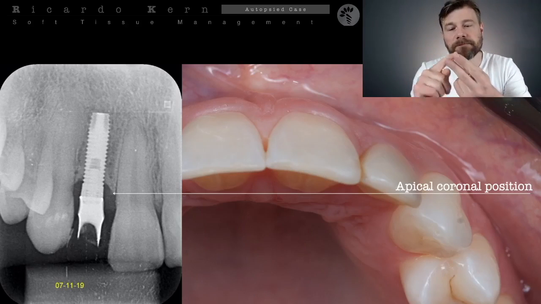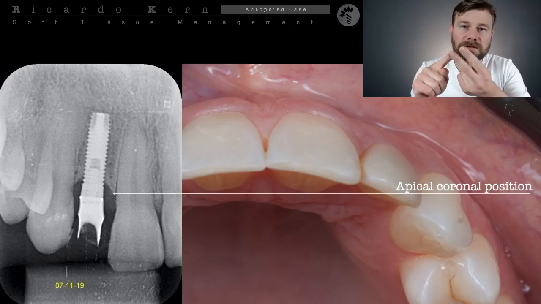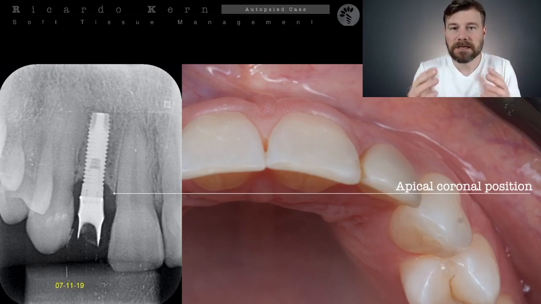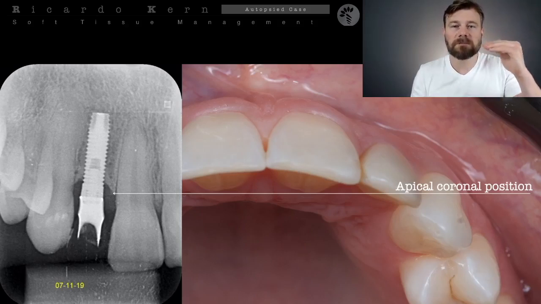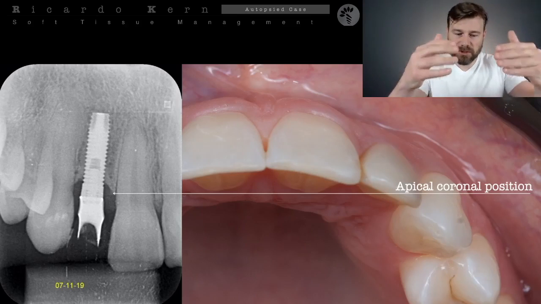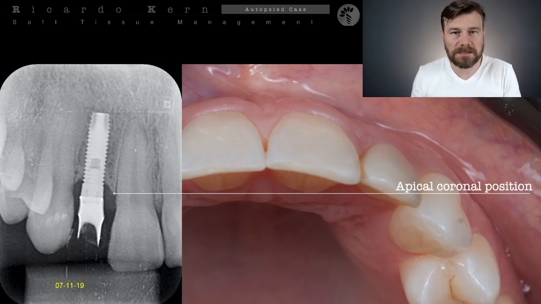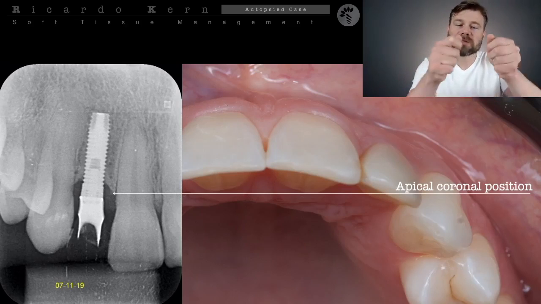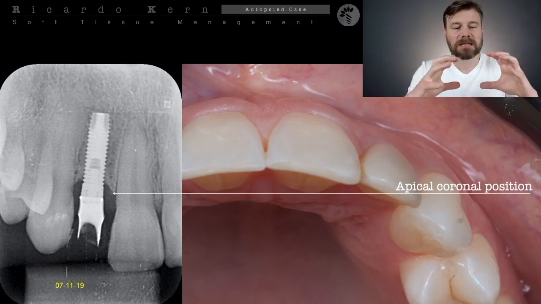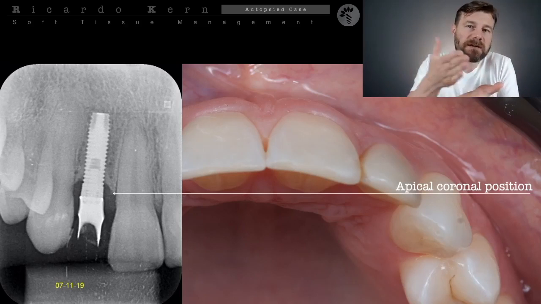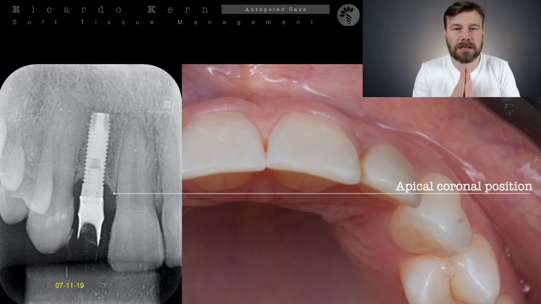A case with recession and loss of the papilla usually is going to require that we submerge the implant, that we take the crown, take the abutment, use a cover screw for this implant, and we let the soft tissue come back on top of this implant. Naturally, or sometimes moving a flap over this implant, but we need to let the tissue be back there, to graft in this position, and just after some time to reopen this implant.